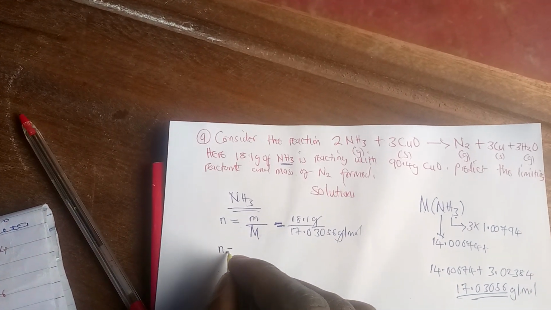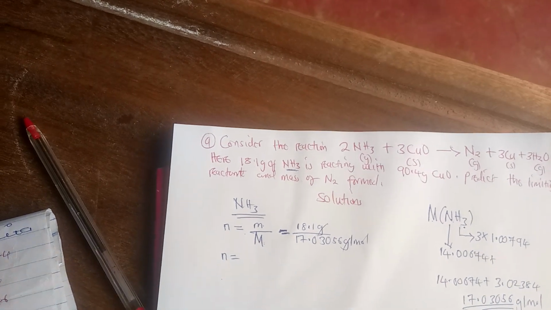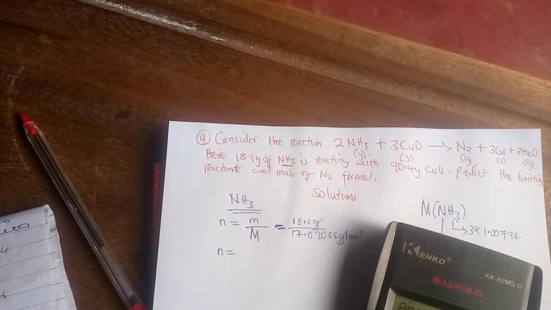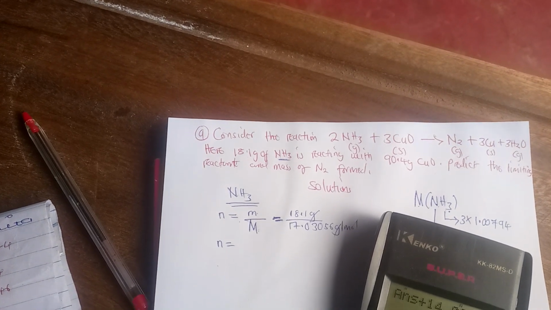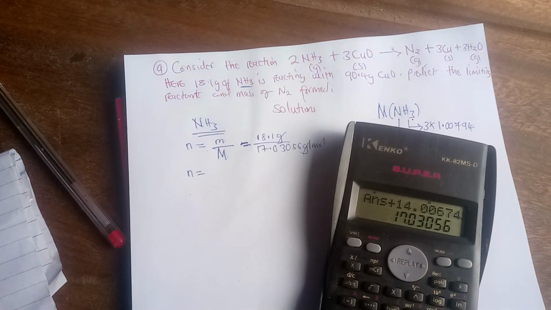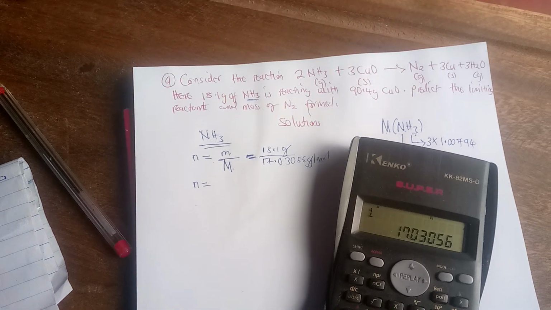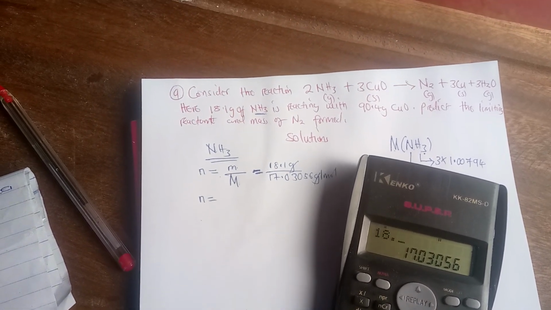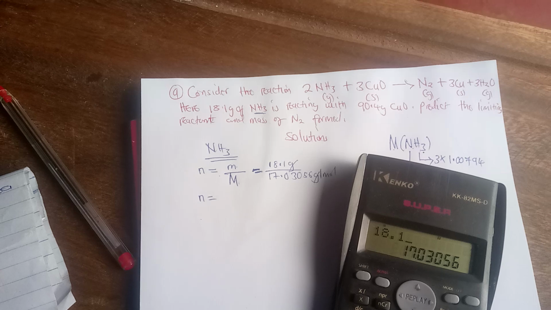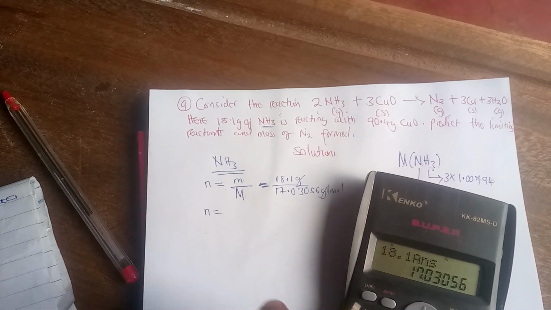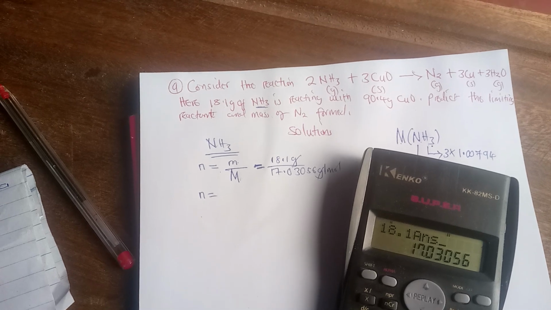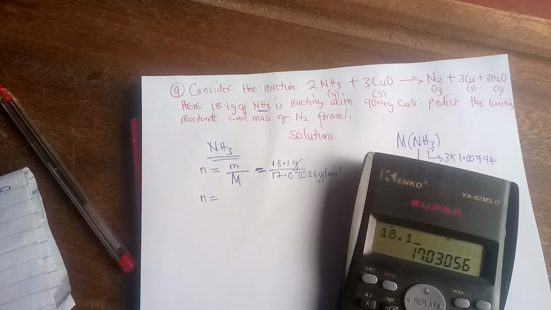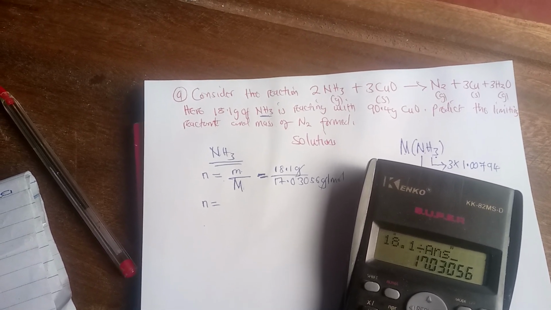Therefore, number of moles will be equal to 18.1 divided by 17.03056. So from the calculator here, I'll just say 18.1 divide my answer there, which is 17.03056.